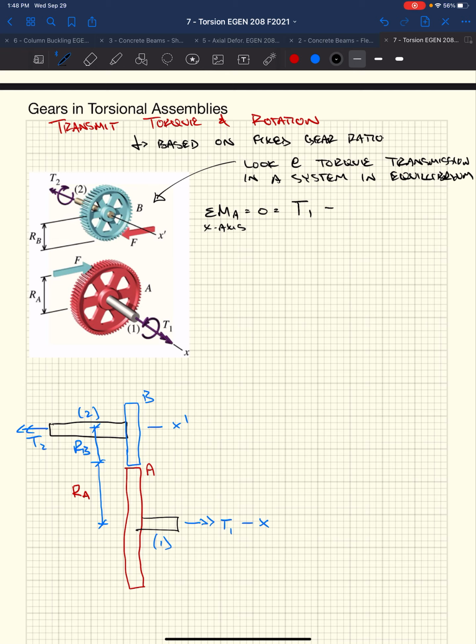Then we've got this force, F, and its moment arm is the gear radius A, the radius of gear A. And based on the right-hand rule, you curl your fingers in the direction of the force about its moment arm. We've got our thumb pointing backwards from our assumed positive coordinate, so it's rotating A backwards. If it's rotating A backwards, our thumb's pointing off to the left. That's in the negative coordinate direction from what we assumed is positive. So we get a negative F times RA.